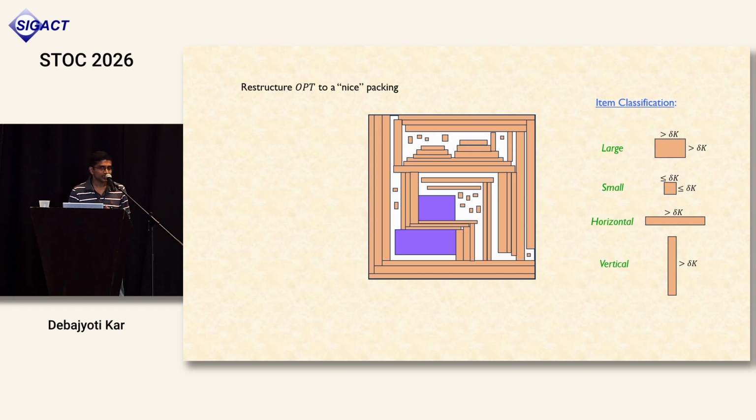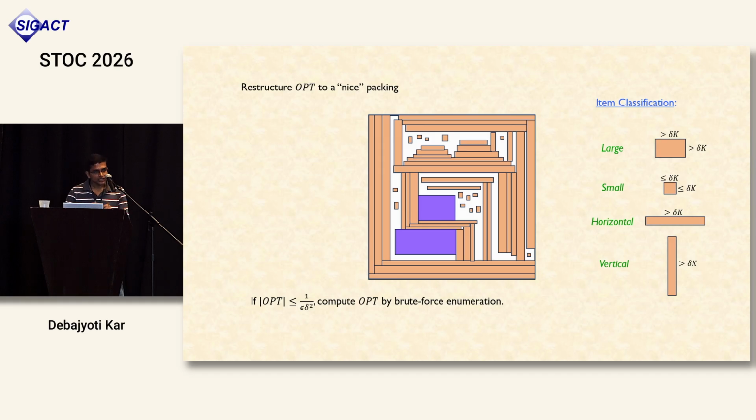It is easy to see by an area argument that since the area of each large rectangle is at least a delta square fraction of the area of the knapsack, in any feasible packing, the number of such large rectangles is at most 1 by delta square. And therefore, we can do the following.